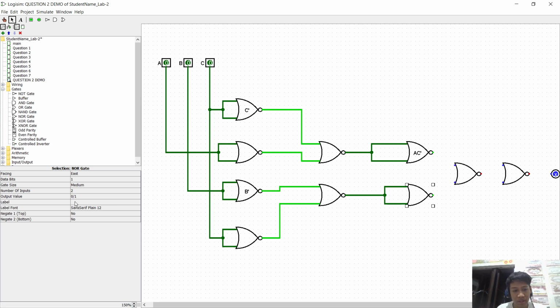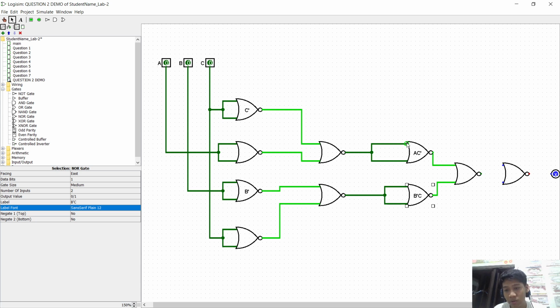And then this will be B prime C. And there we go, there is the B prime C. Then we connect the next inputs to the next targets. This NOR gate will serve as NOR as OR.